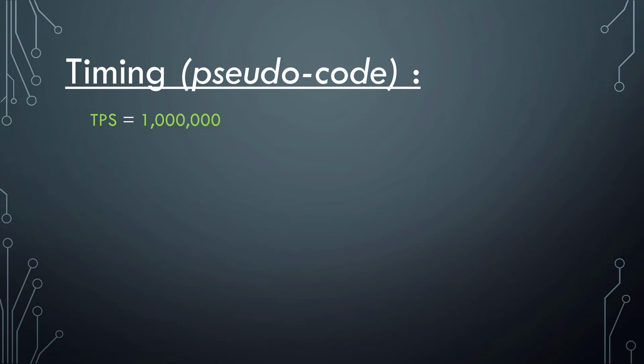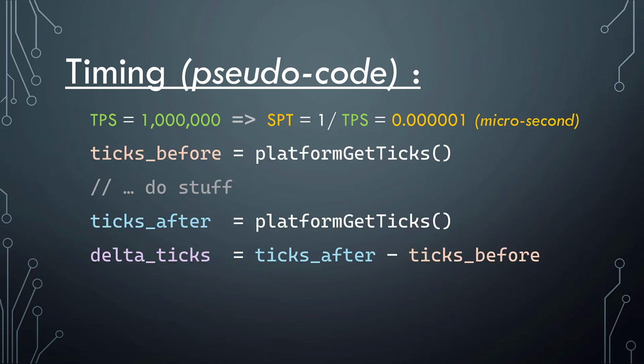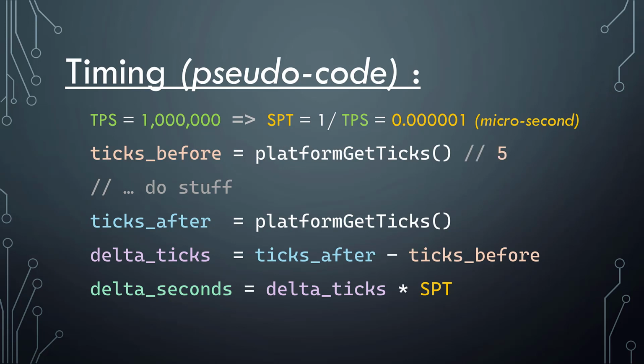Say we have ticks per second, and that is 1,000,000. That's not actually very good. It's usually like 1 billion or something like that, but let's go with 1,000,000. So our SPT is going to be 1 over that, which is 1 millionth, a microsecond. We have our motivating example code, we get our delta ticks, and we get delta seconds by multiplying by our SPT that we pre-calculated once.